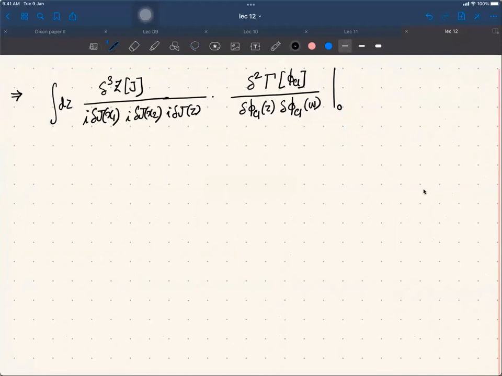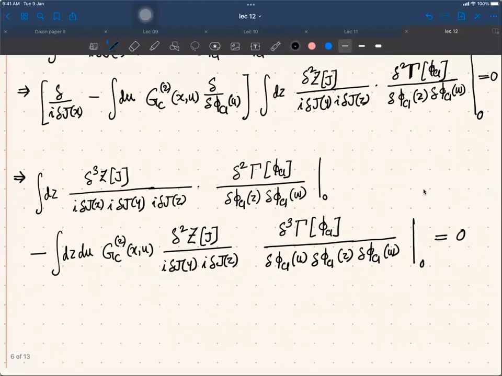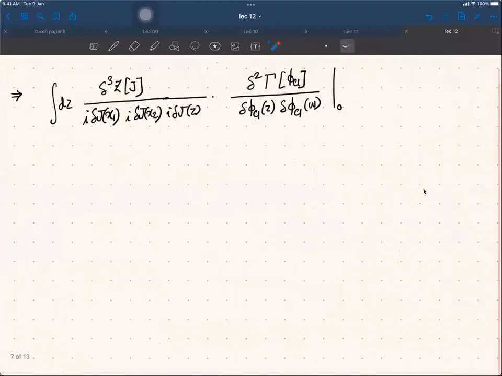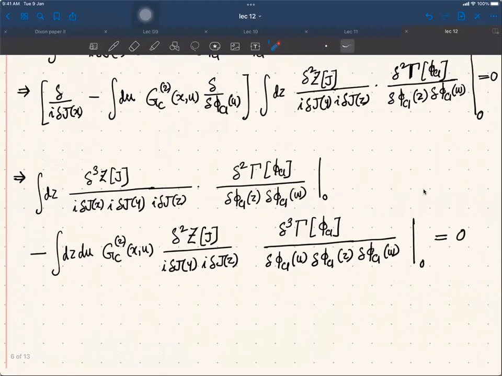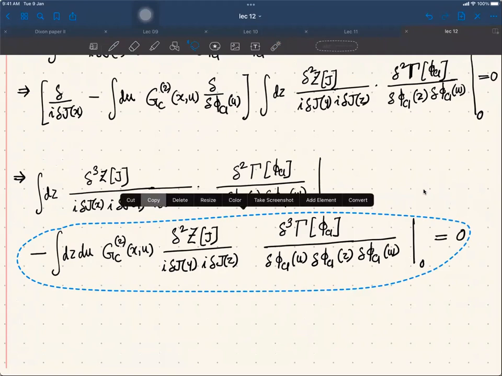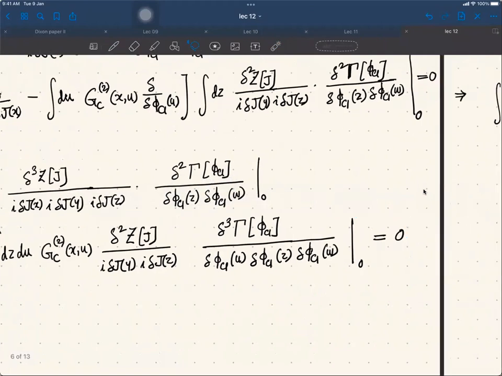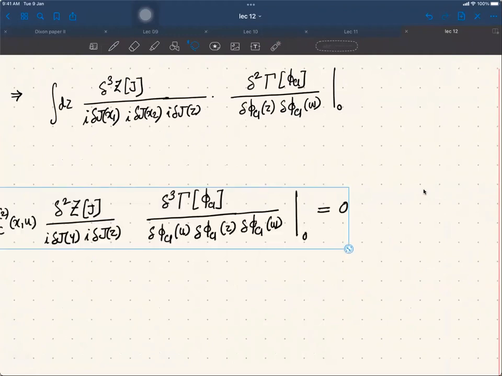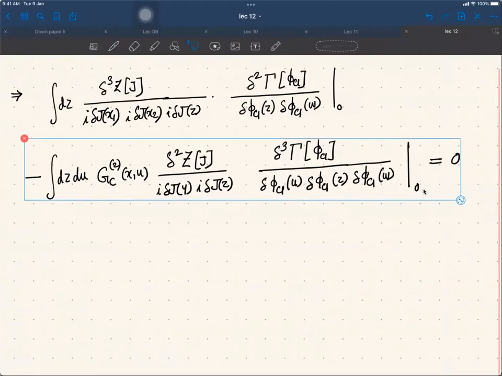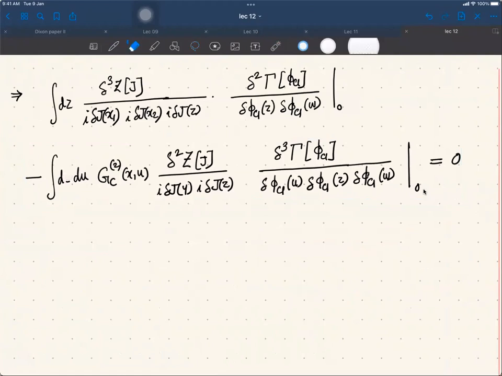Then in the second factor, the second part, we change z to v. This z, we change it to v. Okay. So then that will be, so this is going to be du dv.